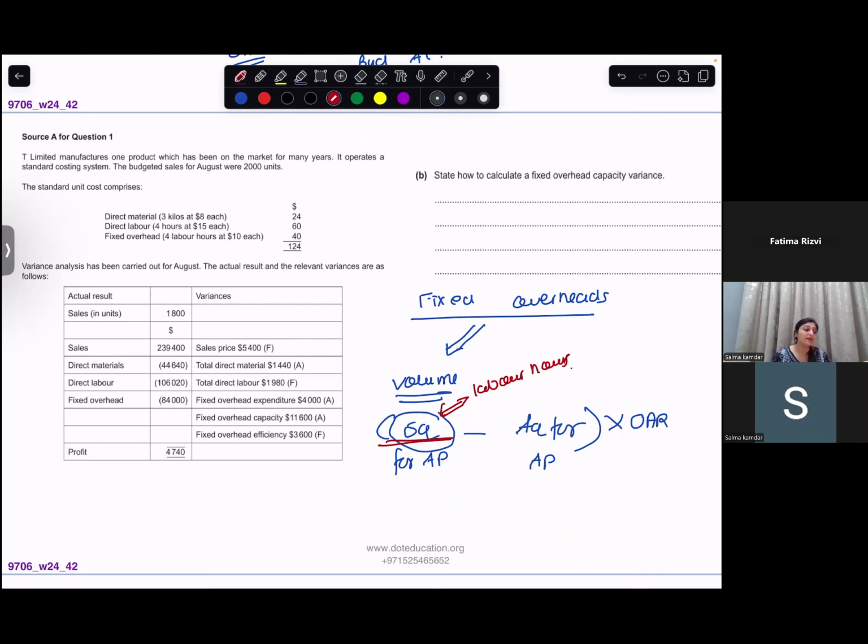So when I am talking about capacity variance, I'm actually talking about the volume variance. It is the standard hours minus actual hours into OAR, or I would say into the standard fixed overhead absorption rate.